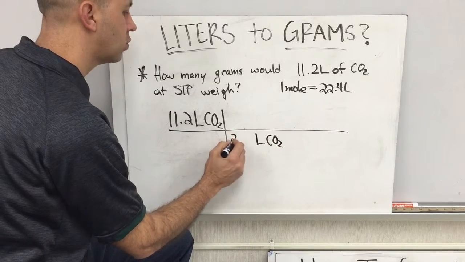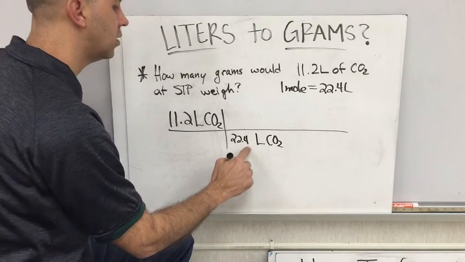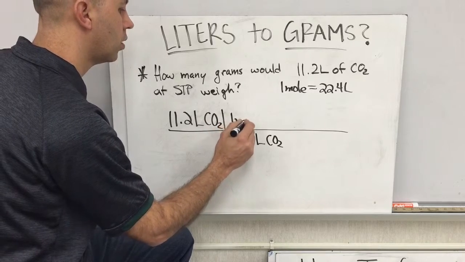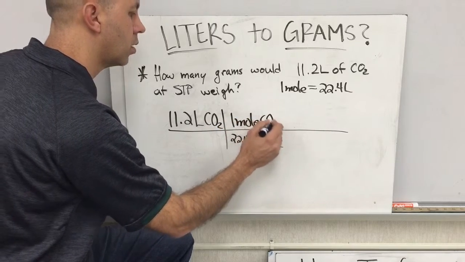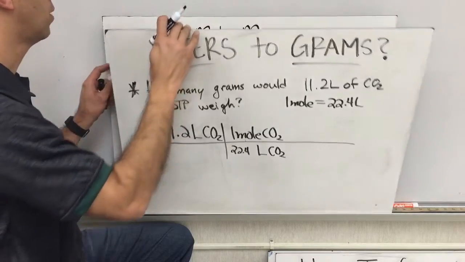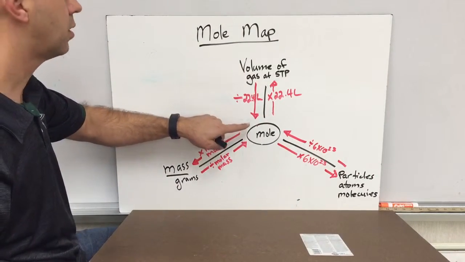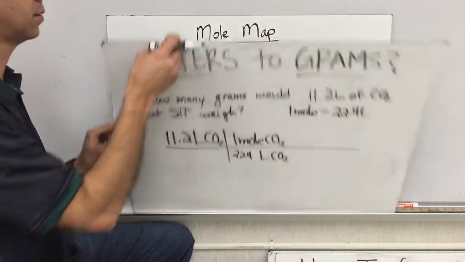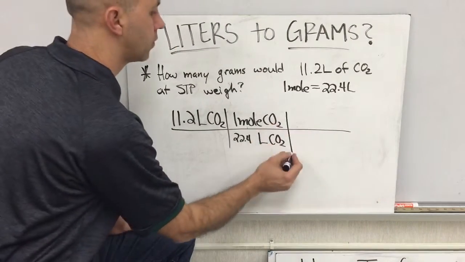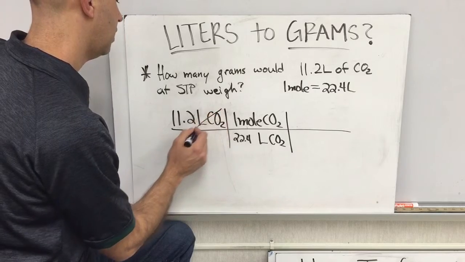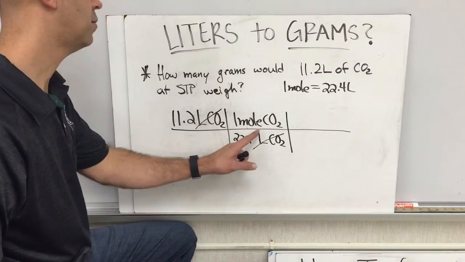So I come over here and put 22.4 liters in 1 mole. Now what I've done is gone from volume down to moles. This and this cancel, so now my answer is in moles.